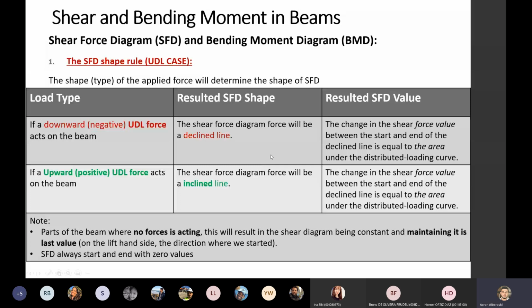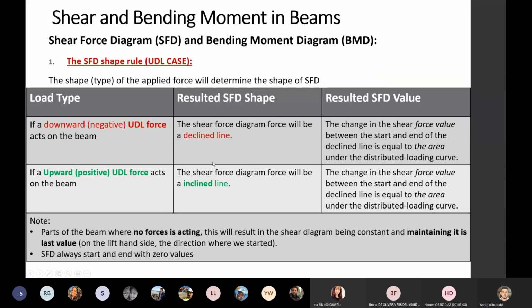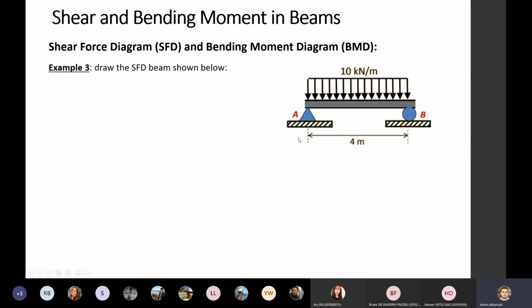Therefore, how much will this line go down or go up? If you remember here, the amount of dip or jump was the value of the force. Similarly, the decline down or incline up is the amount of the overall force, the area here, which is 10 kilonewton, that's the magnitude, multiplied by 4, the distance.